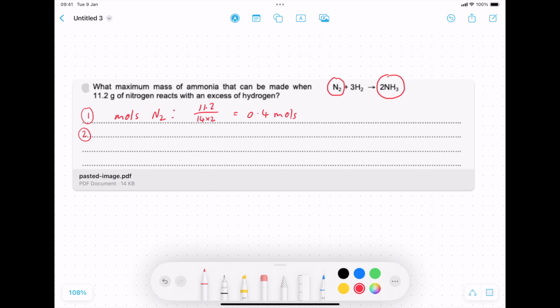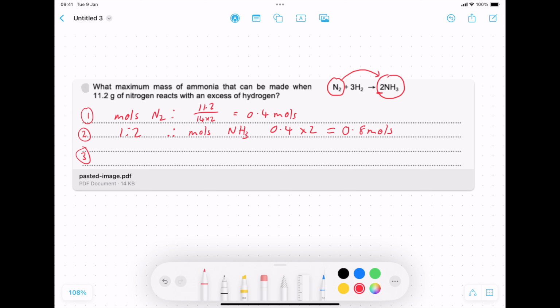Number 2, what is the molar ratio of the two things that are circled? So you can see one lot of nitrogen produces 2 lots of ammonia, so it's 1 to 2. So therefore, the moles of NH3 will be 0.4 times 2 equals 0.8 moles.